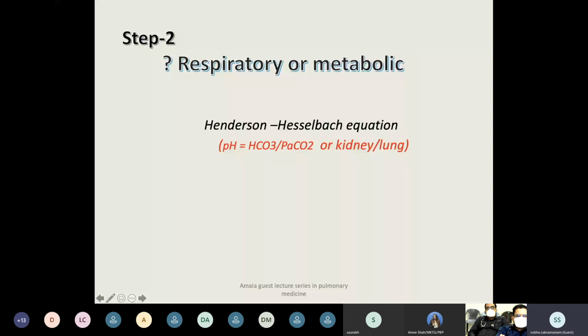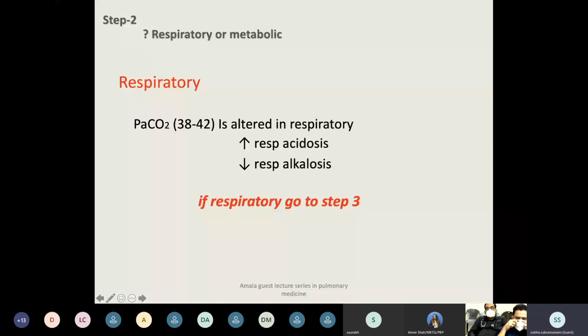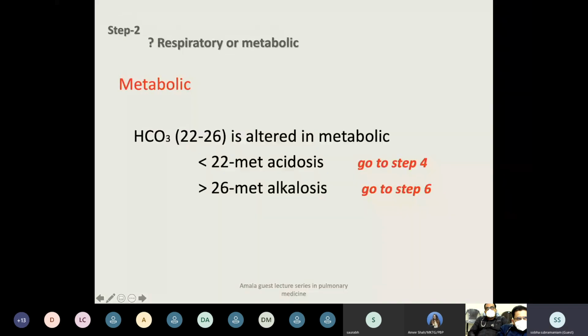So respiratory acidosis, PaCO2 will be more than 40. In respiratory alkalosis, it will be less than 40. So if you are sure it is respiratory acidosis or alkalosis, you go on to step 3. What is step 3?